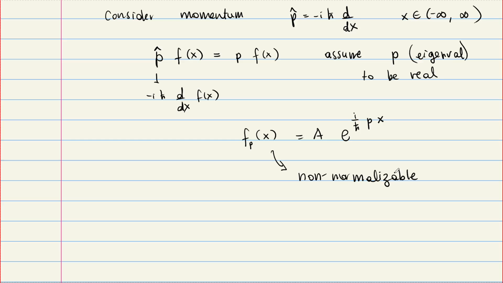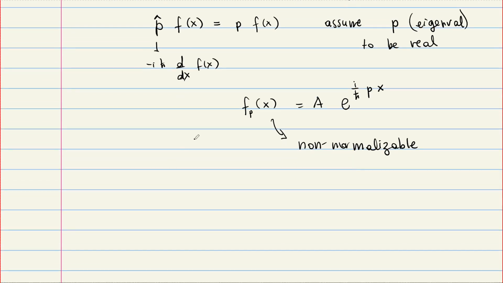Wave packets are packages of these functions with different p's, and they are normalizable. So from a physics point of view, there is no problem. There's a mathematical problem, and we have to find a consistent way to deal with it. The way we will deal with this is we are going to use the so-called Dirac normalization.